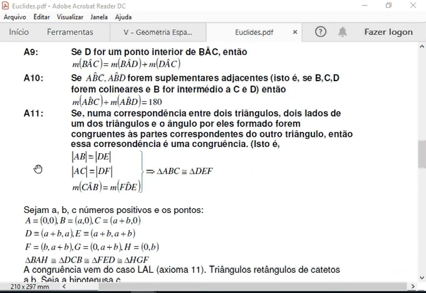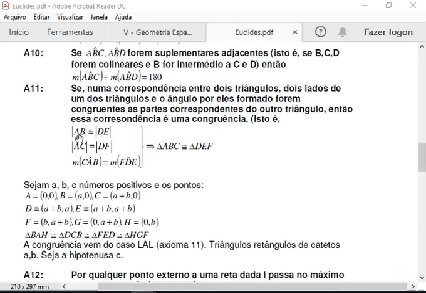In symbols: if the distance from A to B is the distance from D to E, if the distance from A to C is equal to the distance from D to F, if the angle CAB is the angle FDE, then the two triangles ABC and DEF are congruent.